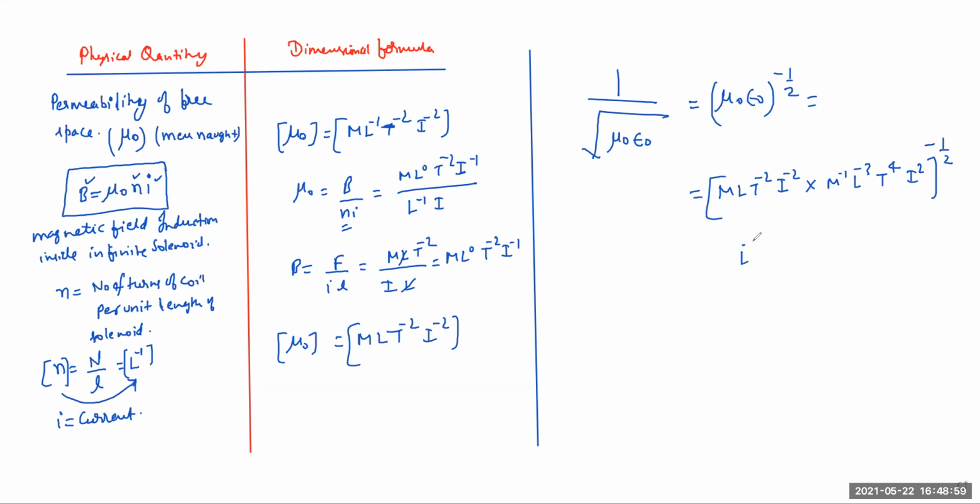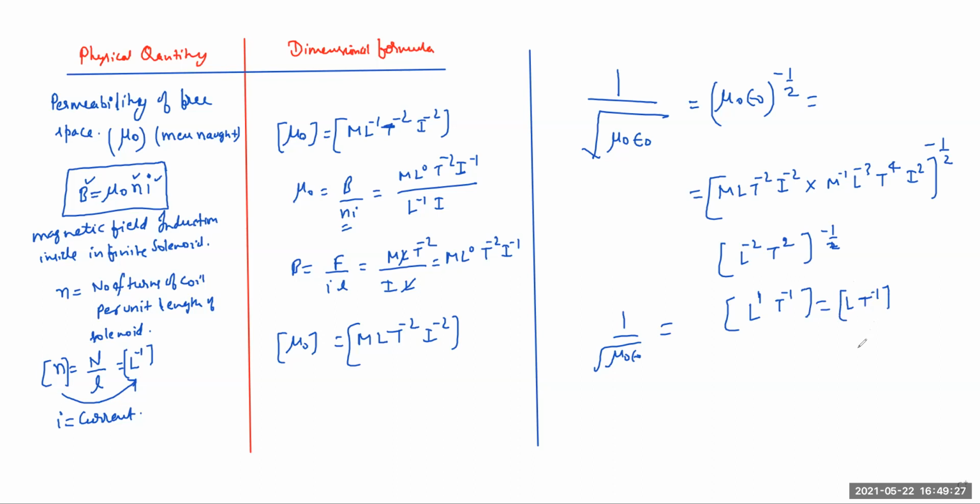We'll get L minus 2, T square, and then the rest is gone. If I multiply minus half, I get a plus 1 and minus 1. Right. So what we will get is called LT minus 1.